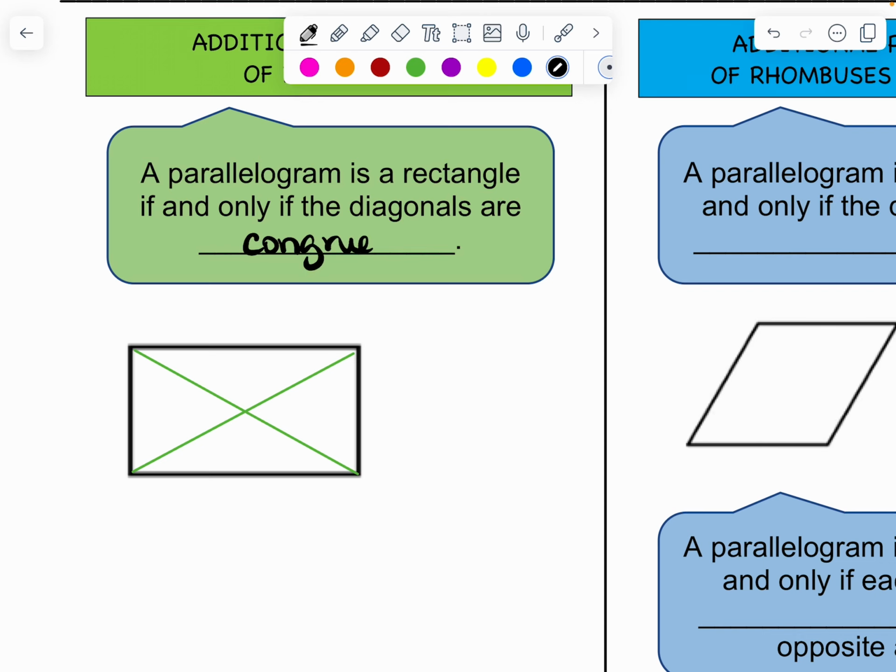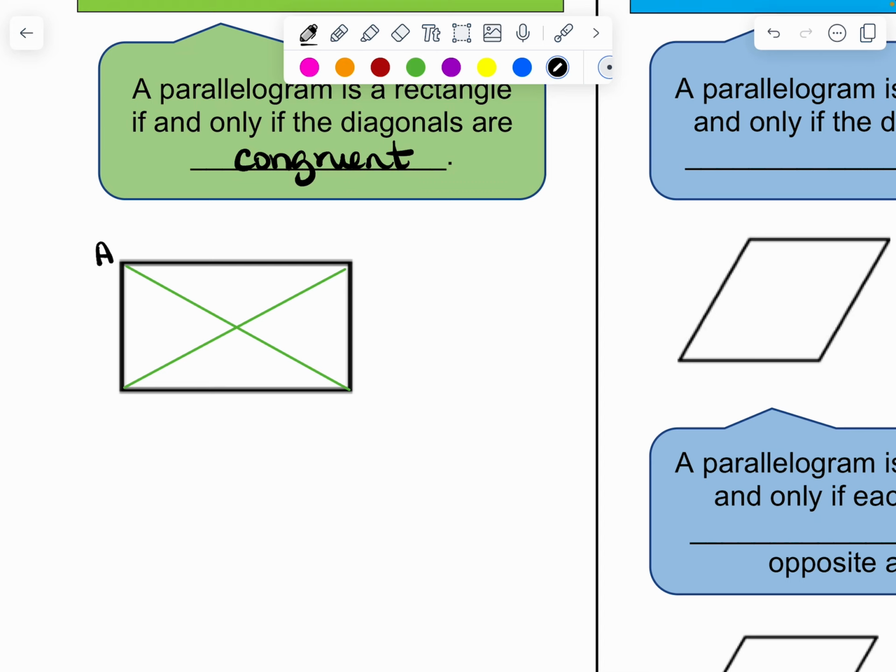So we have diagonals that are congruent. All right. And I'm going to label this rectangle A, B, C, D so I can use those vertices. And so this is telling me that diagonal AC is congruent to diagonal BD. Okay?